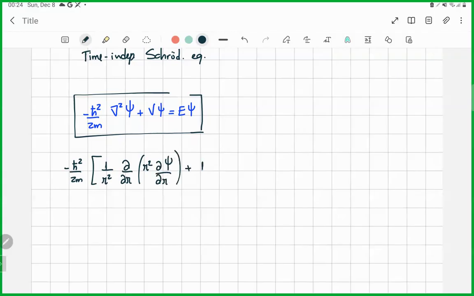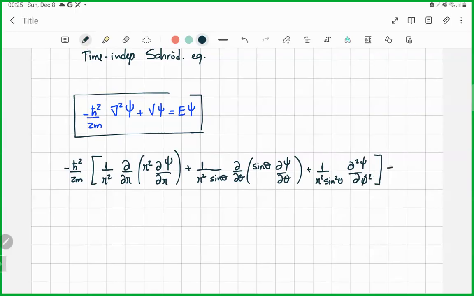Then we have now the derivatives in theta. Just be a little patient. We'll get through this. And then the part that depends on phi, the derivative in phi. Then comes the potential and the energy.